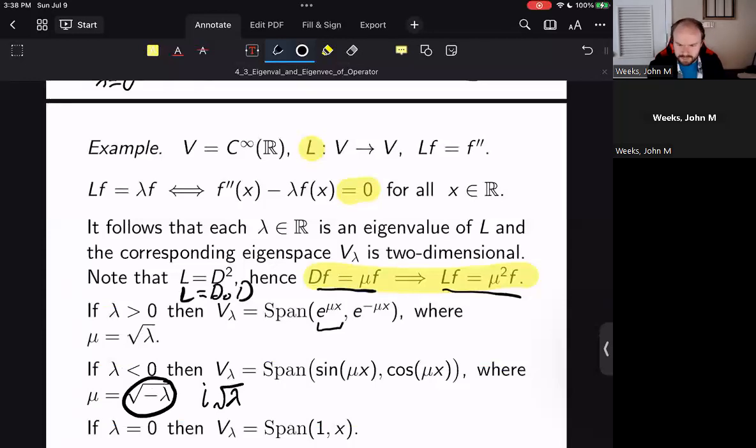Okay, so really interesting things here, especially since this one ended up having lots of different types of eigenspaces together with the different cases of eigenvalues that we came apart. One thing to keep in mind, maybe before we move on here: how did we know to go through and do it this way? How did we know, for example, that we wanted to work with D squared f equals mu squared f instead of just working straight with L?